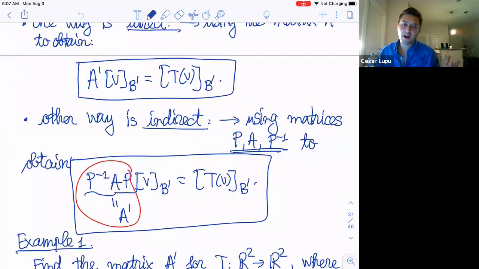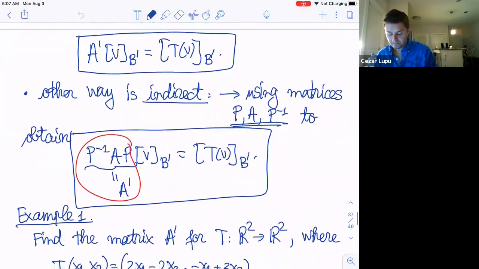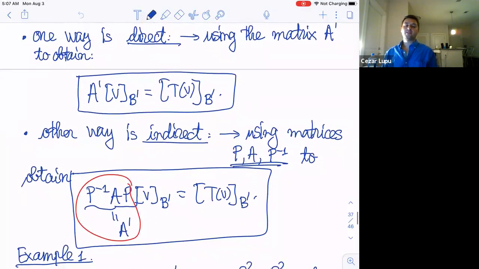And surprise or not, as you might expect, this A prime is nothing else than P inverse times A times P, right? That's what it is. In fact, this equality, marked here in red, will be very important when we define what we call similar matrices.